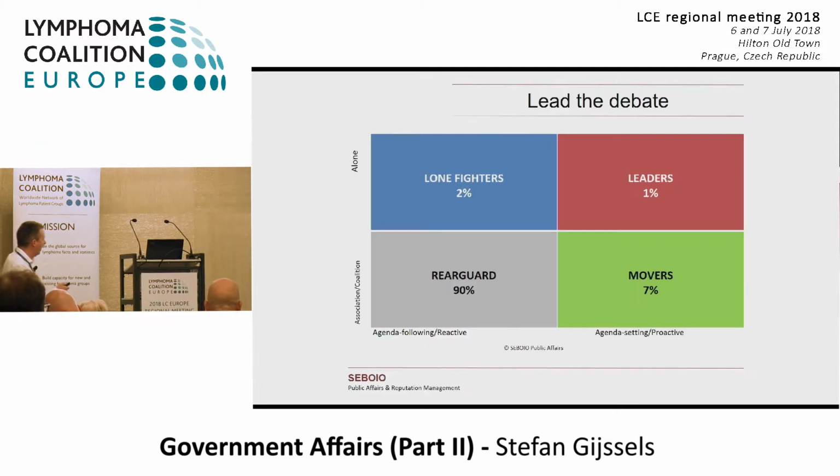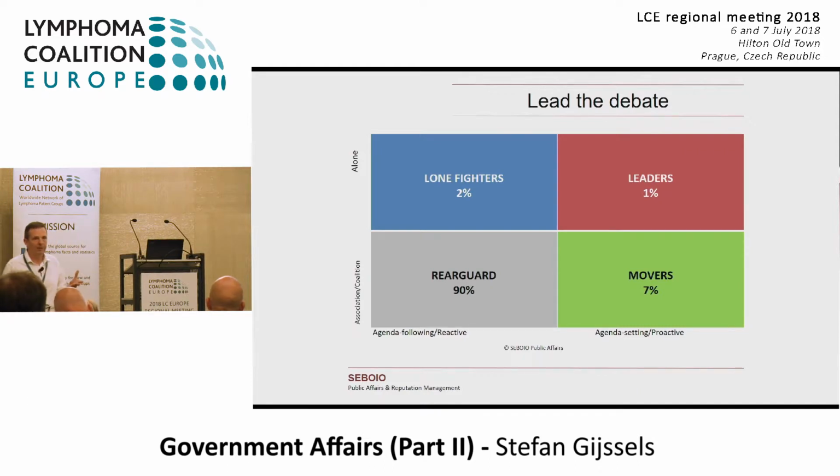So, in the debate, you can have a number of things. Typically, here on the left, the agenda is set by the political world. On the right, you can say the agenda is set by us. And either you do it on your own, or you can do it together with other partners.